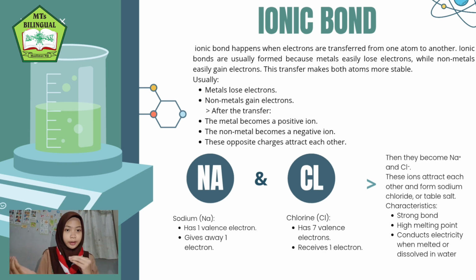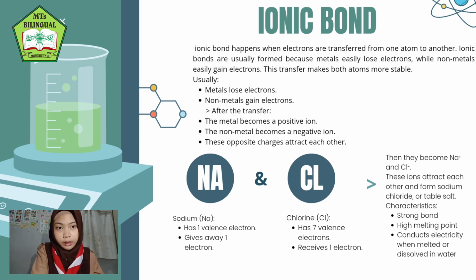These transfers make both atoms more stable. Usually, metals lose electrons and non-metals gain electrons. After the transfer, the metal becomes a positive ion and the non-metal becomes a negative ion. These opposite charges attract each other.